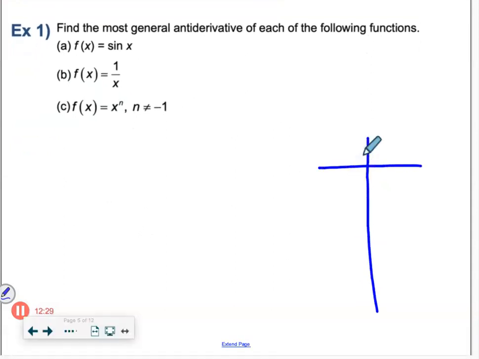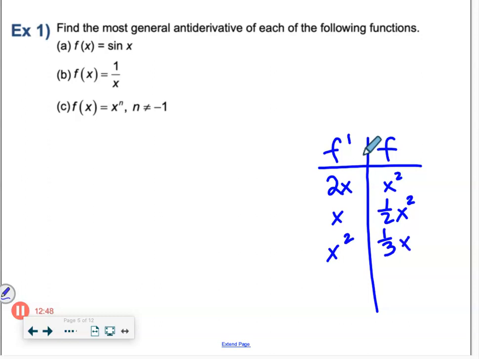A little hint for part C, which you've already done today. Today you said the antiderivative of 2x was x squared. You said the antiderivative of x was 1/2 x squared. You said the antiderivative of x squared was 1/3 x cubed. You said the antiderivative of x to the negative second was negative x to the negative first.